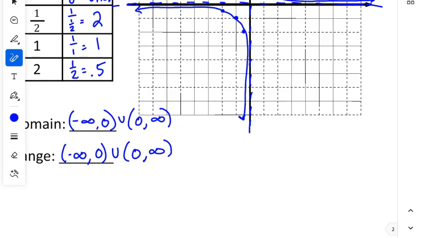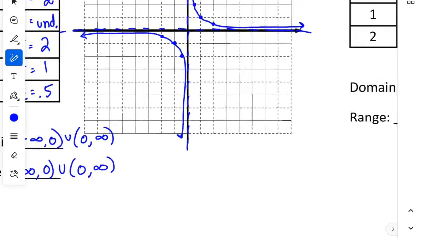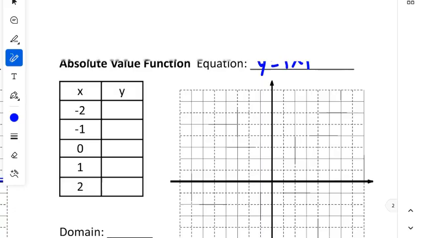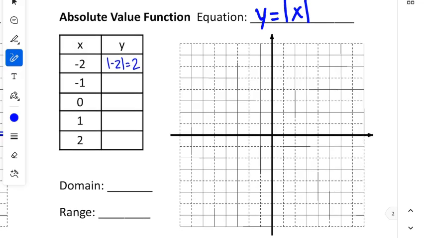All right, last one. Absolute value function. We ready? Absolute value, what does absolute value do? It's the distance. It makes everything positive. So the absolute value of negative 2 is positive 2. Absolute value of negative 1, 0, 1, 2.